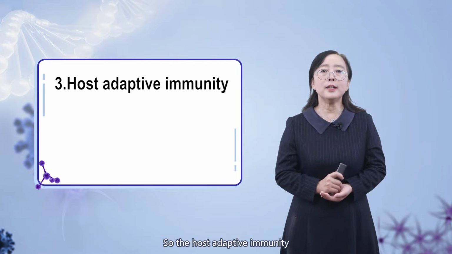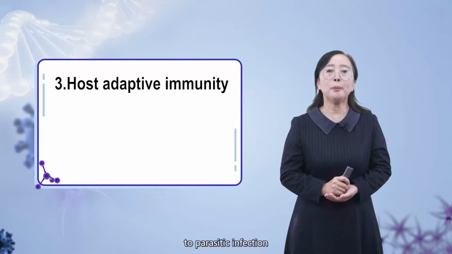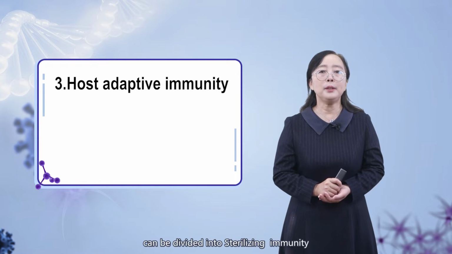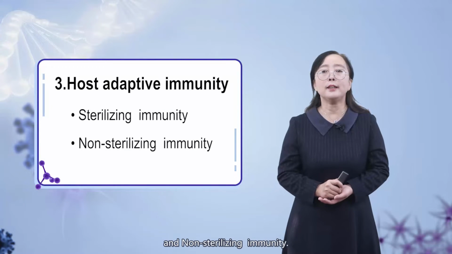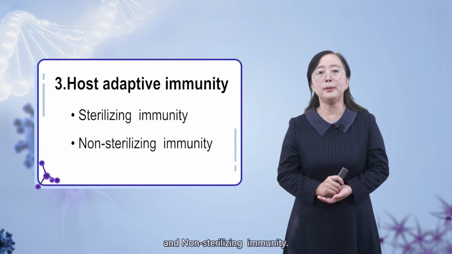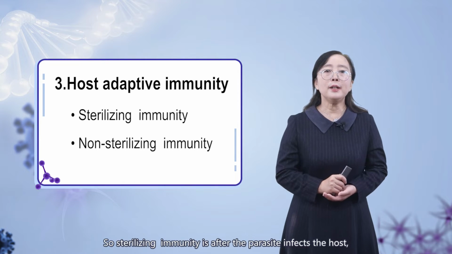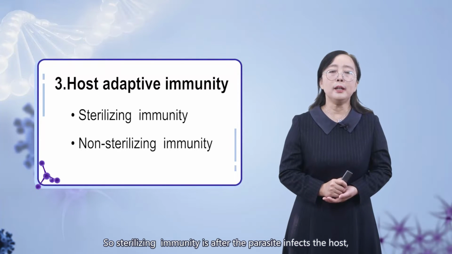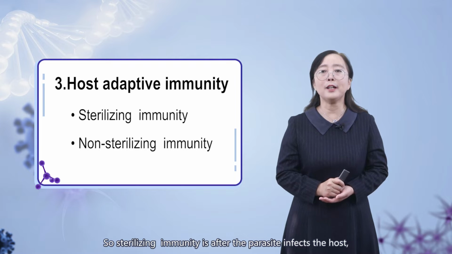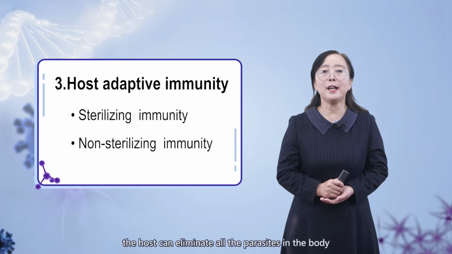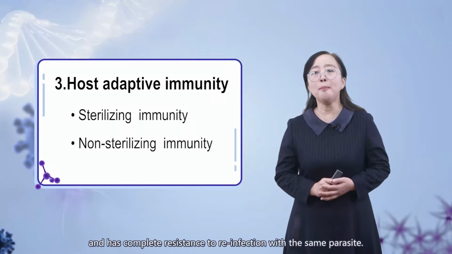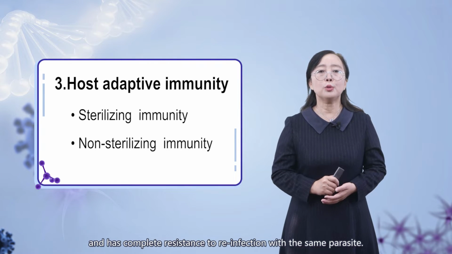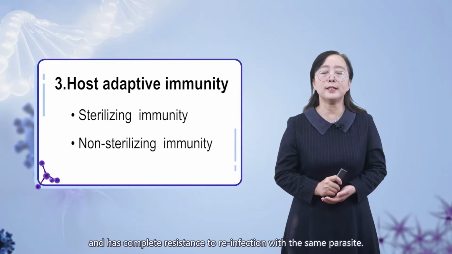So, the host adaptive immunity to parasitic infection can be divided into sterilizing immunity and non-sterilizing immunity. Sterilizing immunity is when, after the parasite infects the host, the host can eliminate all the parasites in the body and has complete resistance to reinfection with the same parasites.